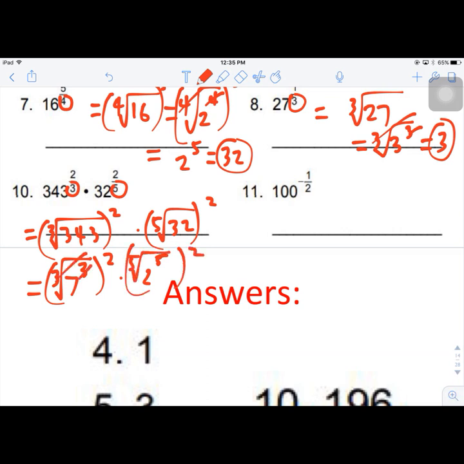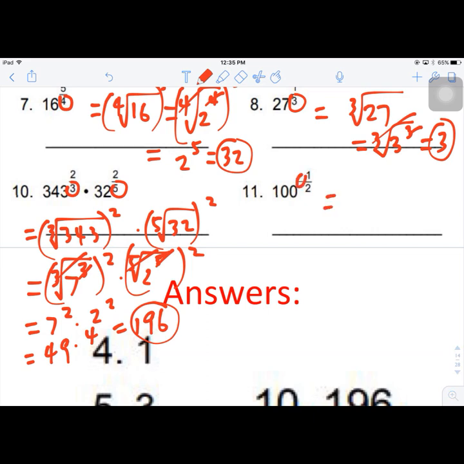So the roots cancel out the powers again. We got 7 squared times 2 squared. That's going to be 49 times 4, which is 196. And that's the final answer.